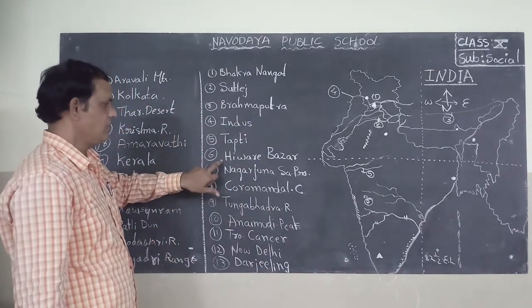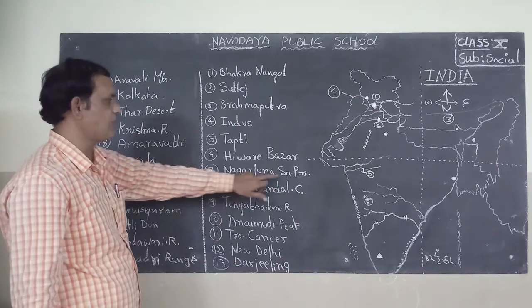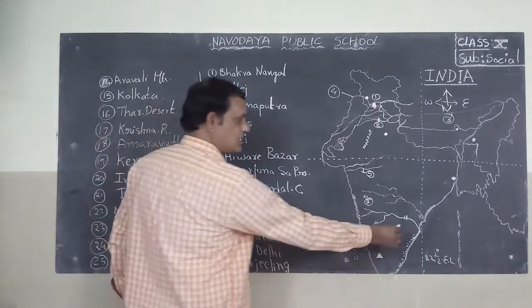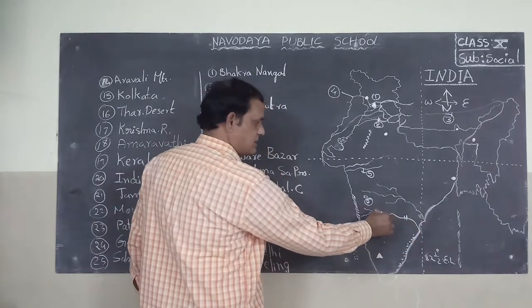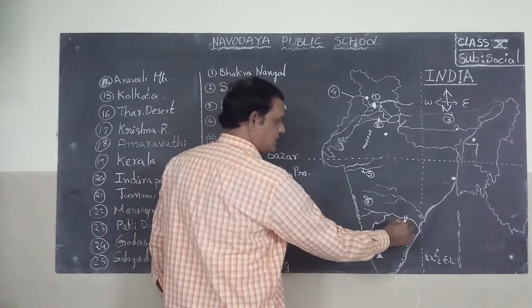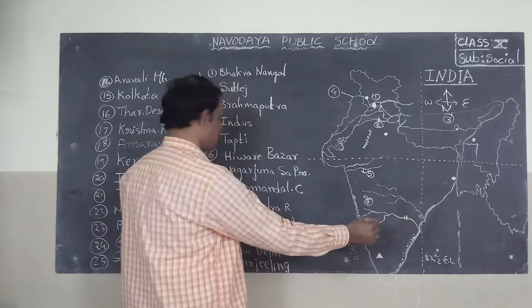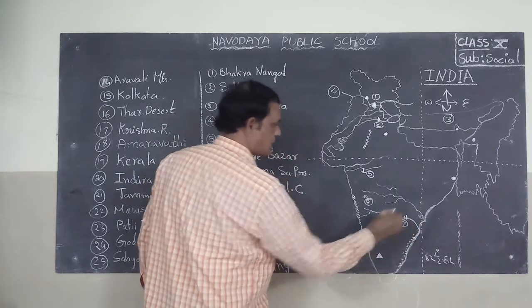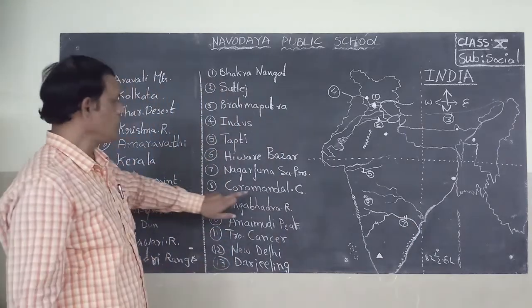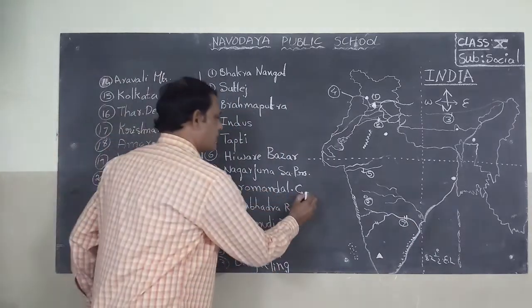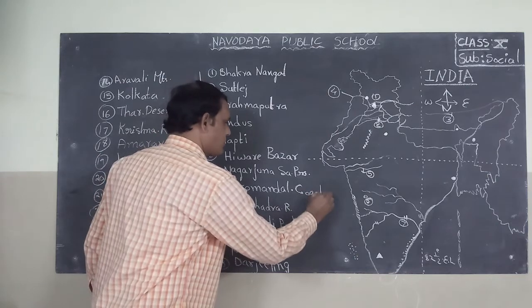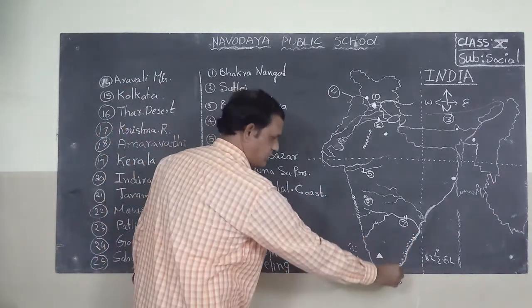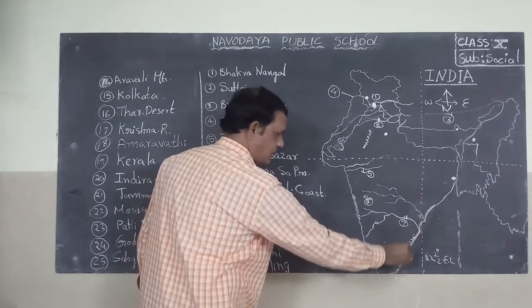Next one, Nagarjuna Sagar project. Look, students, this is the Krishna river, and this is the Nagarjuna Sagar project. The number here is 7. Next, Coromandel coast. Where is the Coromandel coast?